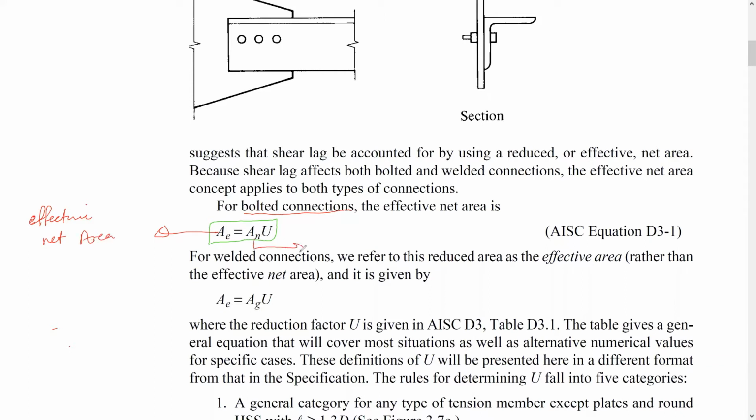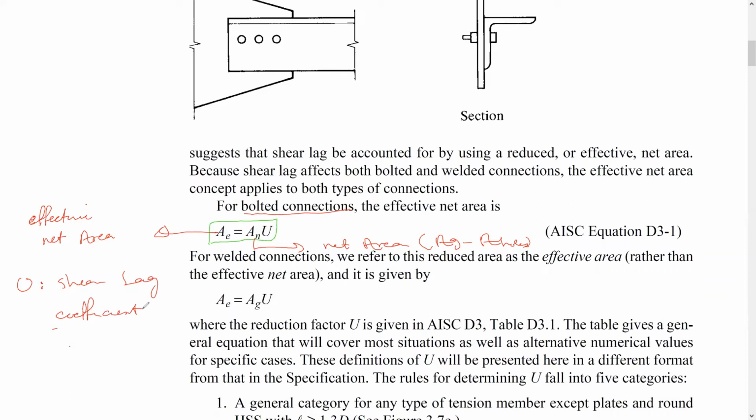And AN is the net area, which is A gross minus the area of the holes. And U here is what we call the shear lag coefficient, okay? U is the shear lag coefficient.